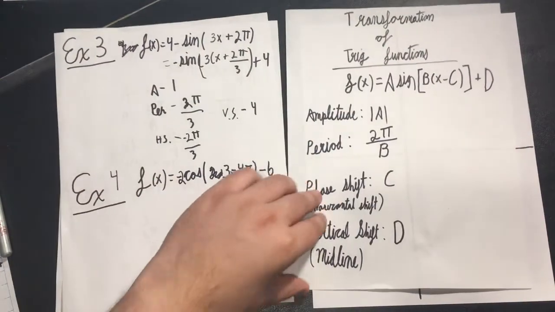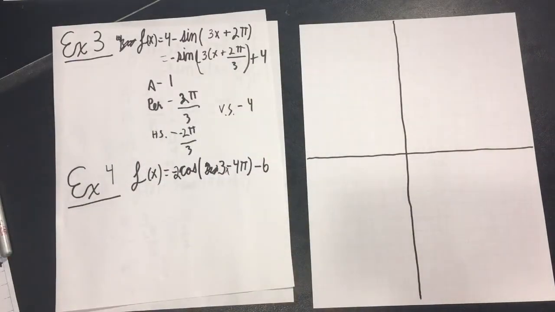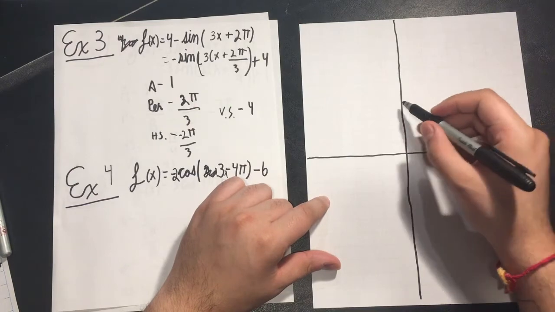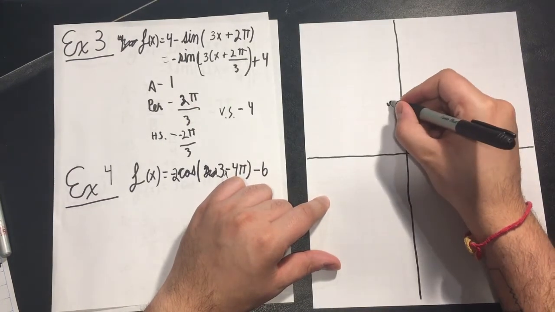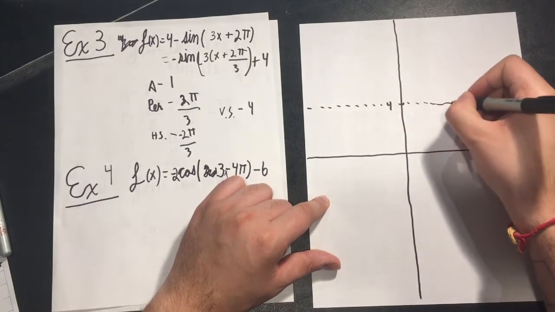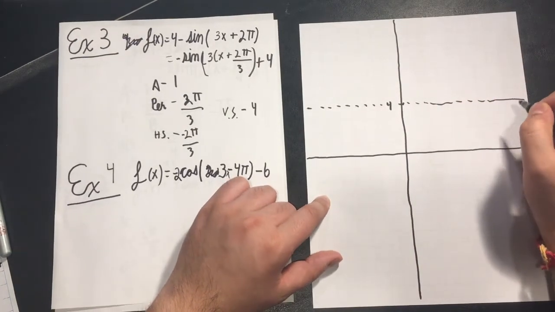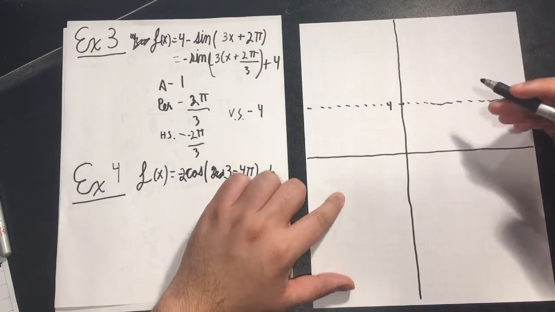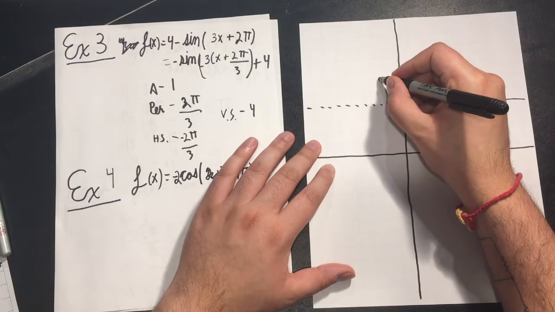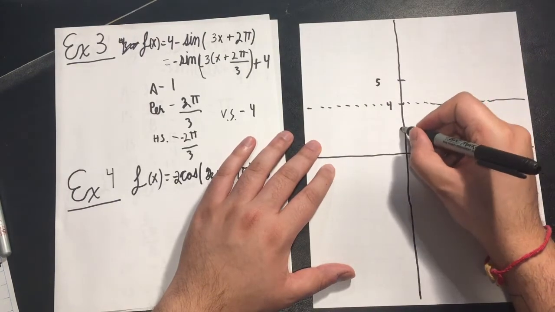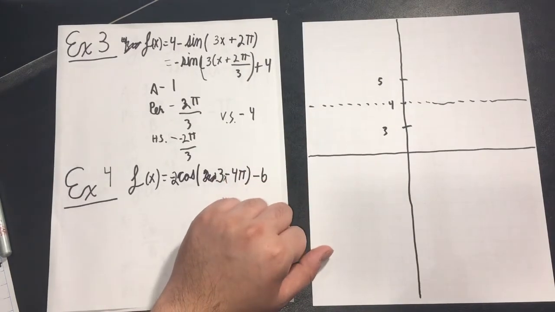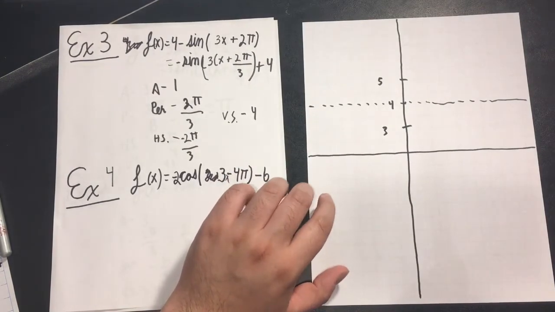Okay, so you should be pretty familiar with the procedure by now. First thing, we find our new midline. 1, 2, 3, 4, right here. Next we find our amplitude, right? How much we increase by. So 5 right here. And a 3 here. Next we find our starting point, right?